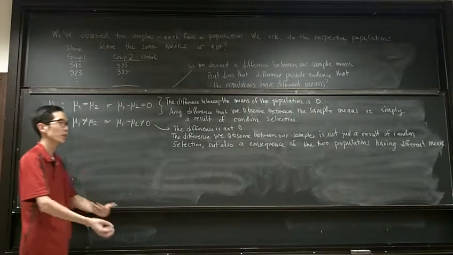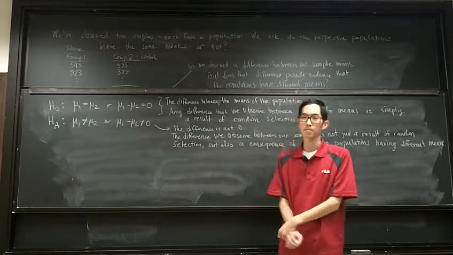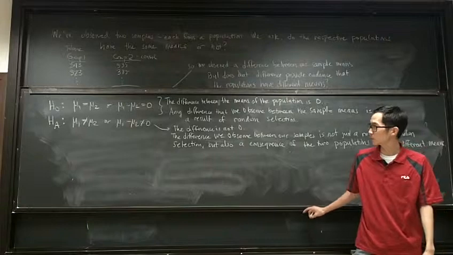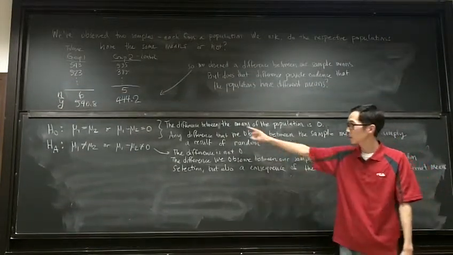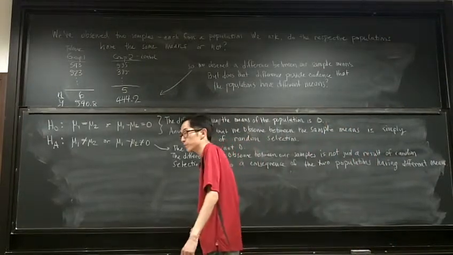Okay, so what's the next step in the hypothesis test? We got to calculate the probability of observing our data, or something more extreme, if we assume the null hypothesis were true. Okay, so that's what we're going to try to figure out.